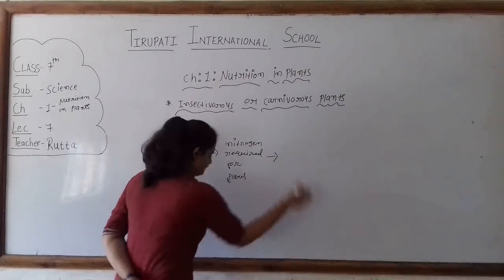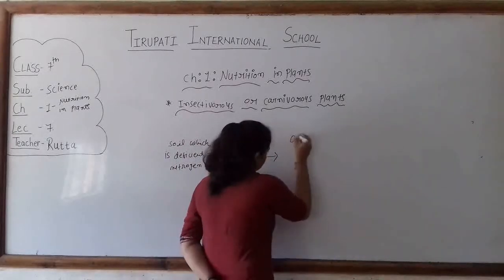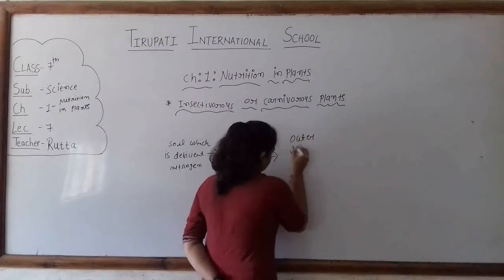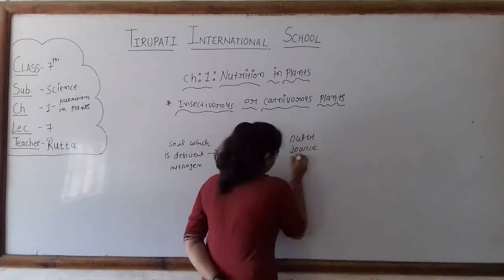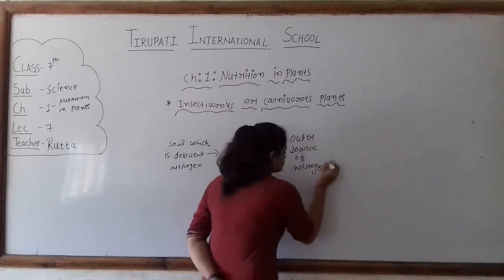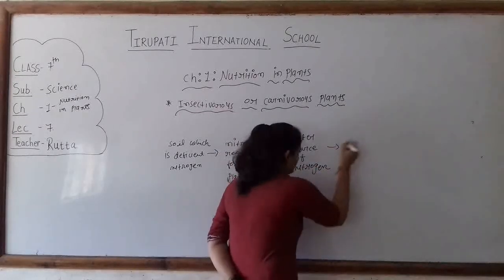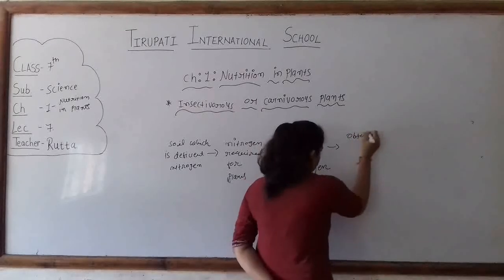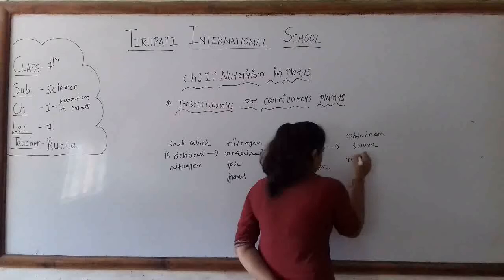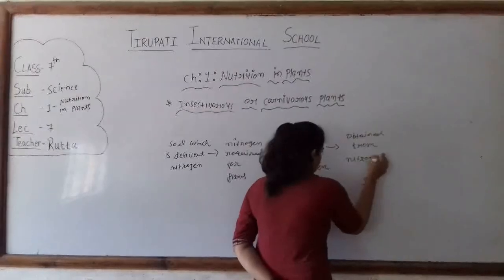So they obtain an outer source of nitrogen, obtained from insects.